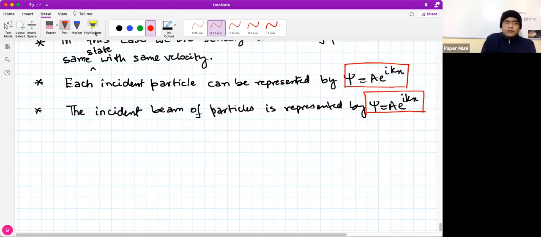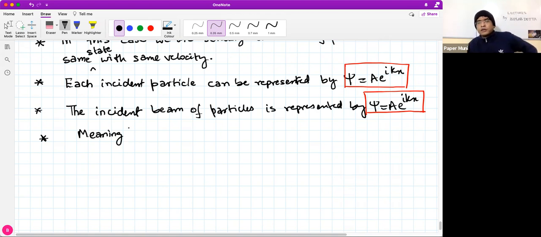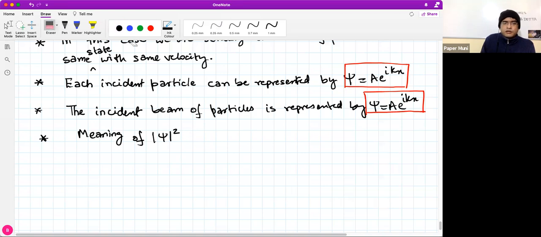Now in this case, the meaning of psi square changes. When we talk about the beam, the meaning of psi changes. Earlier, when we represented only one particle, the meaning of psi mod square was the probability of finding the particle. Now the interpretation becomes this: psi mod square is the number of particles per unit length.